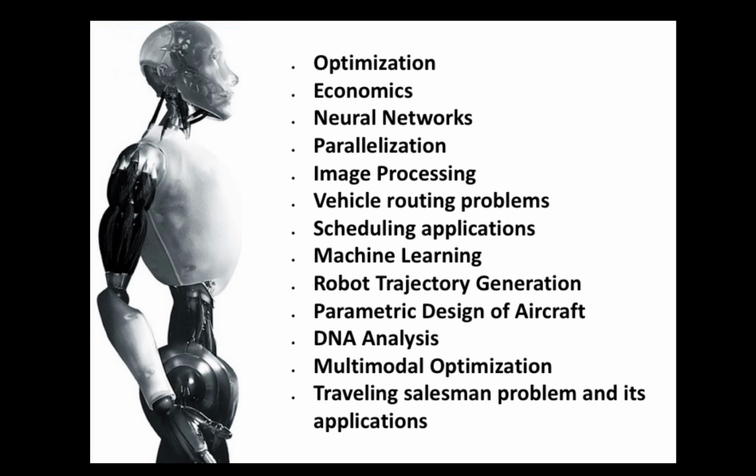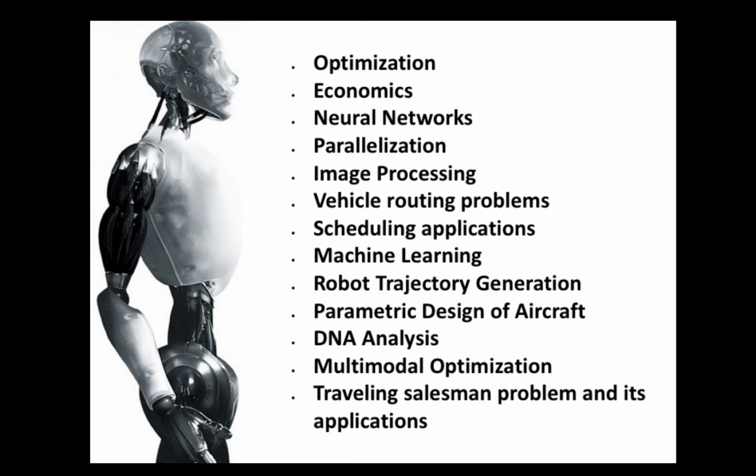In economics, GAs are also used to characterize various economic models like the cobweb model, game theory, equilibrium resolution, asset pricing, etc. Neural networks. GAs are also used to train neural networks, particularly recurrent neural networks.